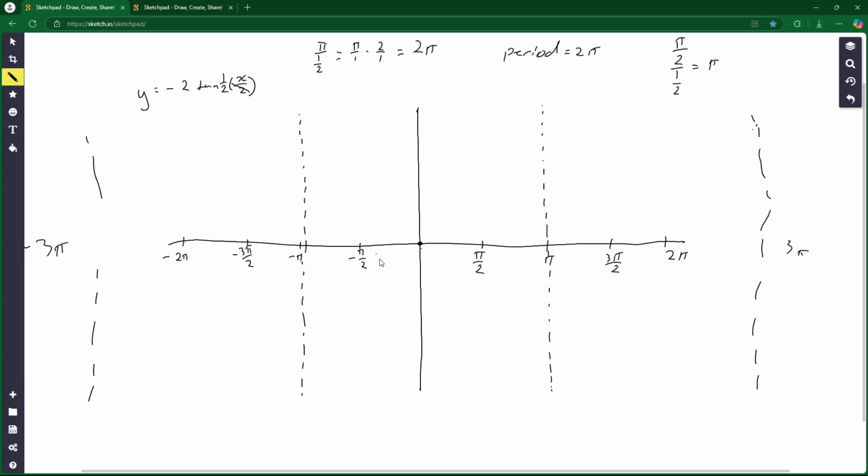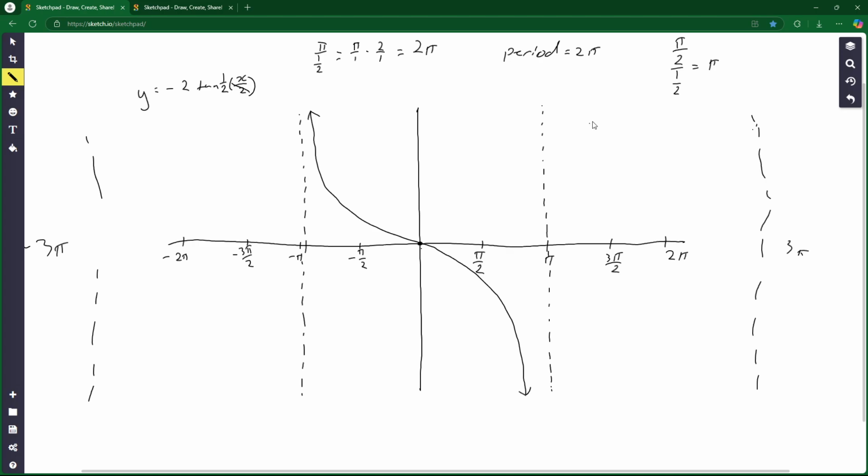So now that we know that our asymptotes are this, we can see that this is going to be negative, meaning our graphs are going to be like this. The reason why that is, I don't know. It's just math.